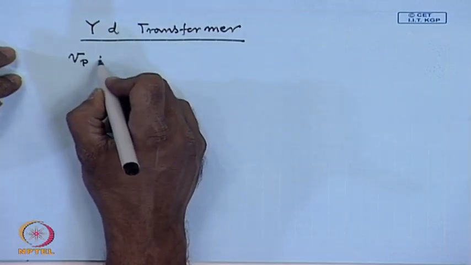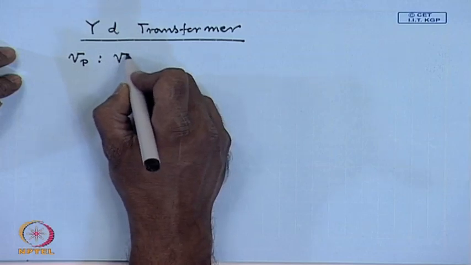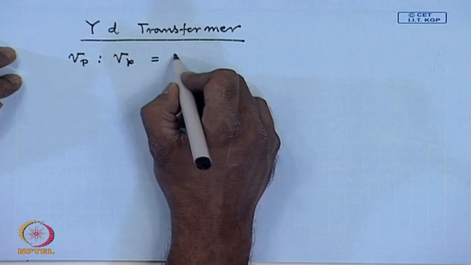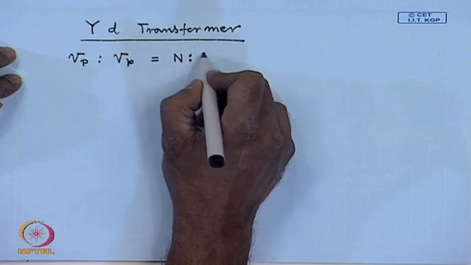V phase on the high voltage side is to V phase on the low voltage side, this is same as N is to 1.